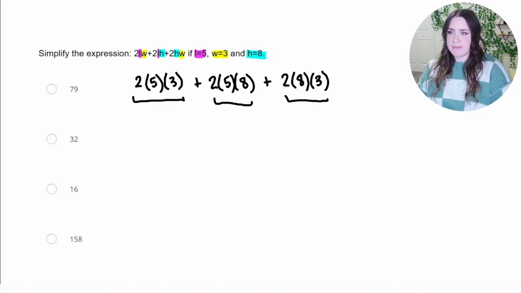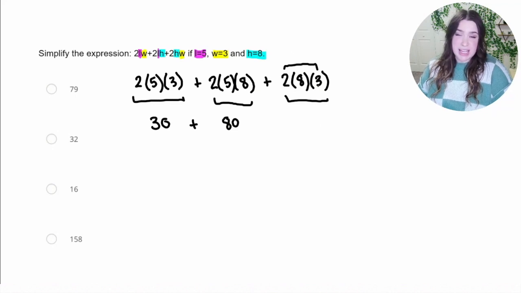So 2 times 5 is 10, times 3 would be 30, plus 2 times 5 again is 10, times 8 would be 80, and then 2 times 8 is 16 times 3, or if it's easier on your brain, or use that calculator, 2 times 3 is 6, and 6 times 8 is 48.